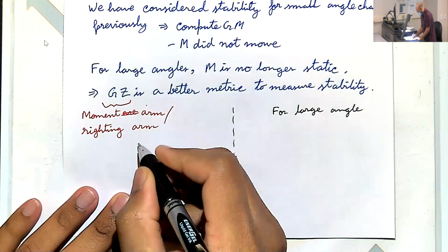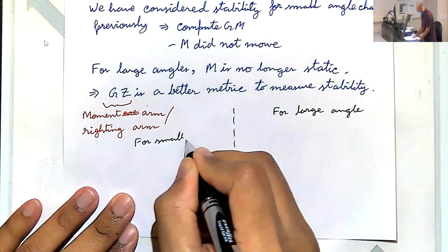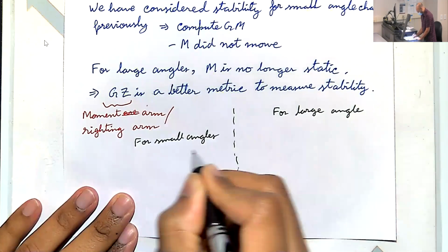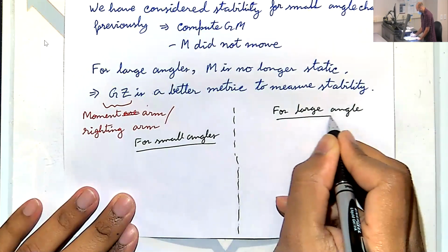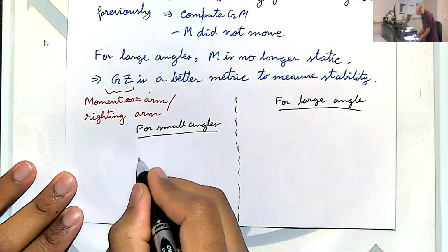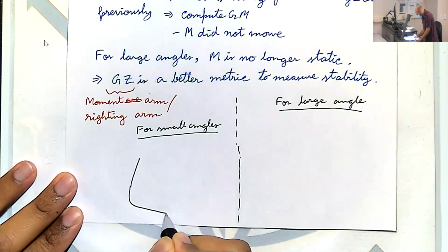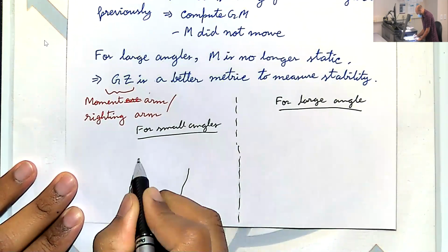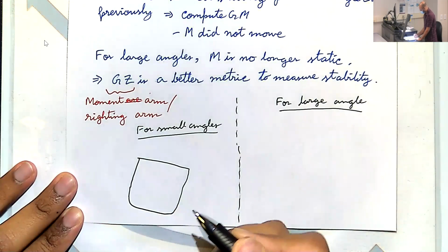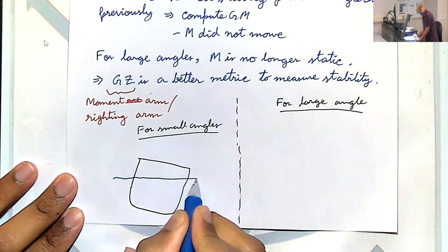And on the left, we have small angles. Okay, so generic hull here that is heeling, and waterline.